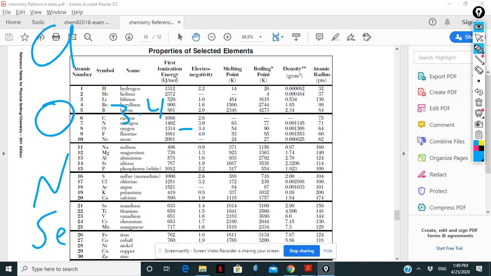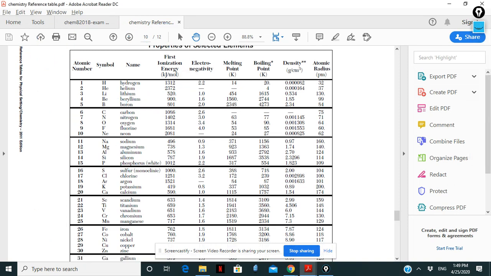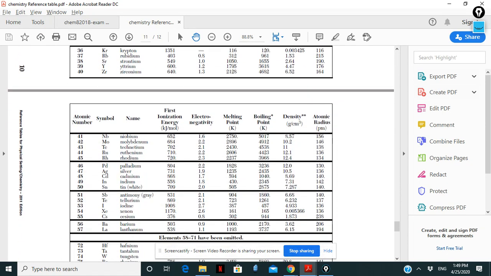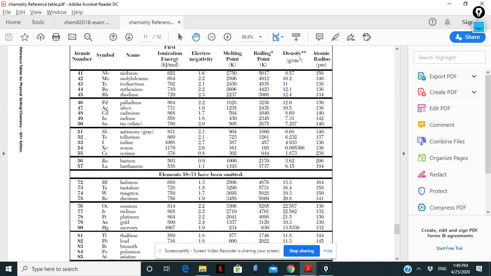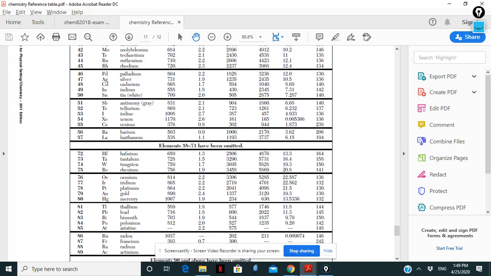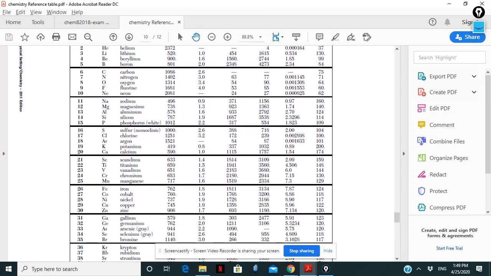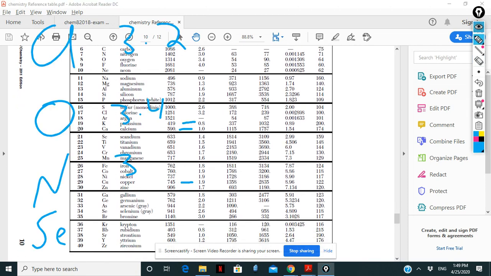For chlorine, it's 3.2. For nitrogen, it's 3. For selenium, it's 2.6.